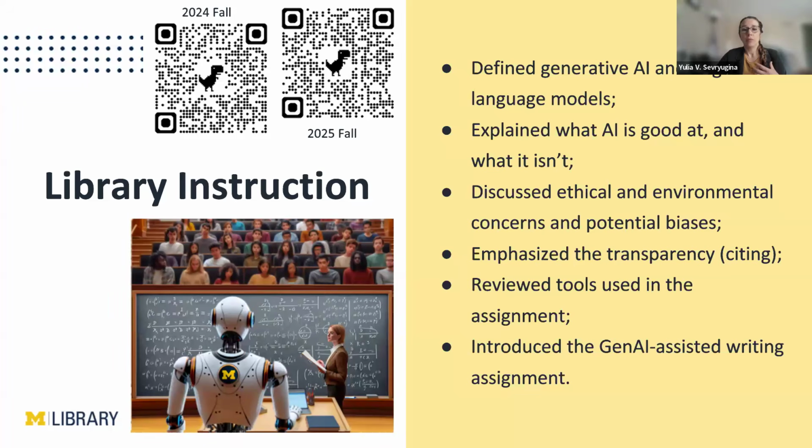So I would introduce what large language models are, what Gen AI tools are, what the benefits of using them are and what the pitfalls are, especially stressing what ethical and environmental concerns and what potential biases there are in using this technology. I try to emphasize transparency. We allowed students to use these tools, but we wanted them to be transparent and really talk about how they use it and what their experience is.